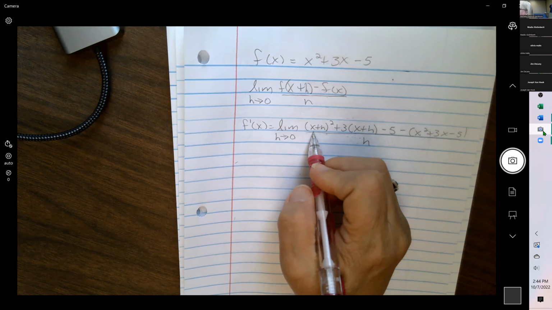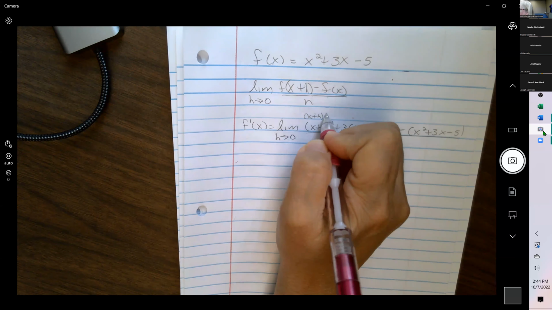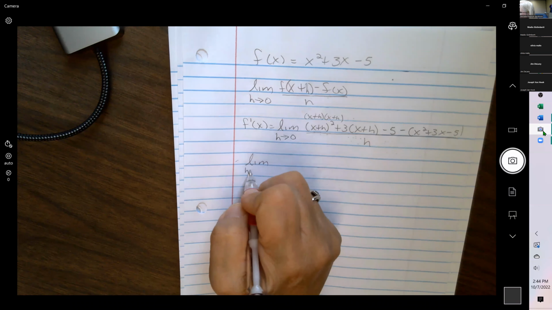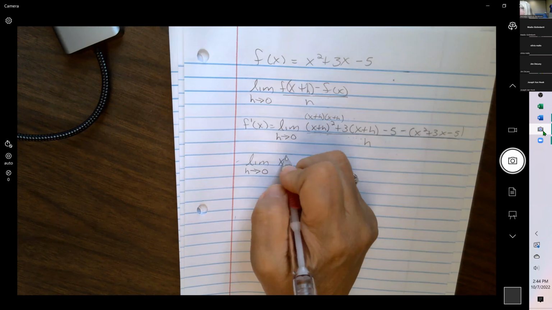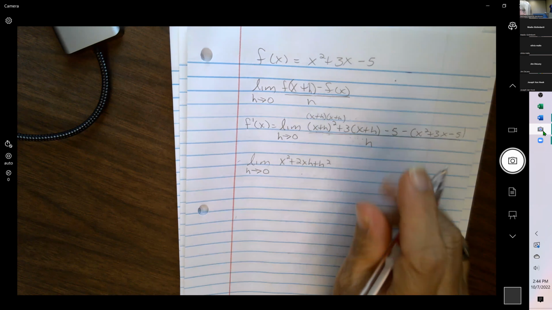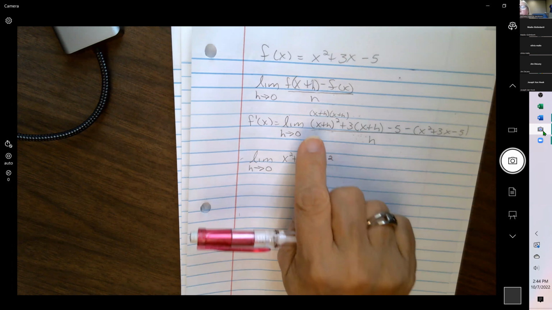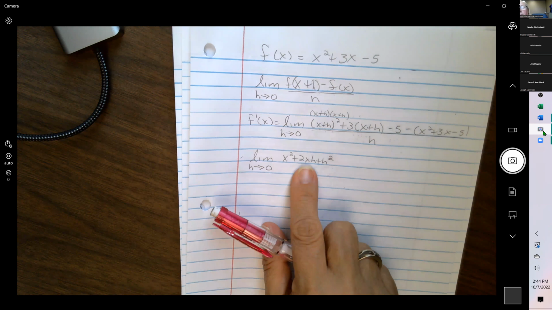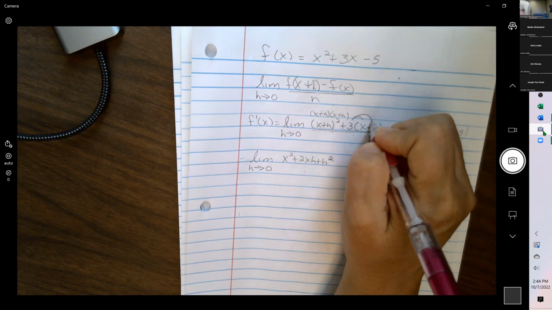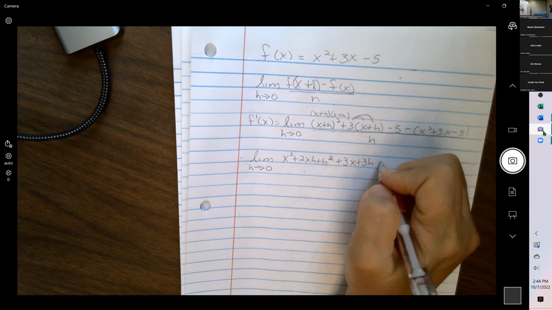Now, when you square this, remember it's x plus h times x plus h, you have to FOIL it. So you have x squared plus 2xh plus h squared. That is the squared. The biggest mistake that happens on this problem is you just go x squared plus h squared, and you're missing the middle term, so be careful of that. And distribute your 3. And minus 5.